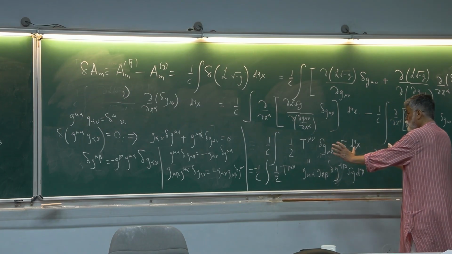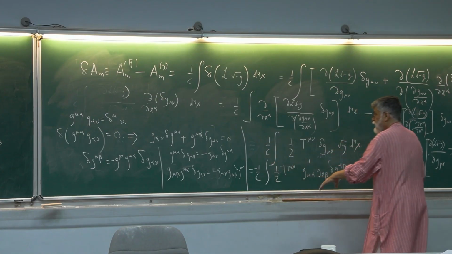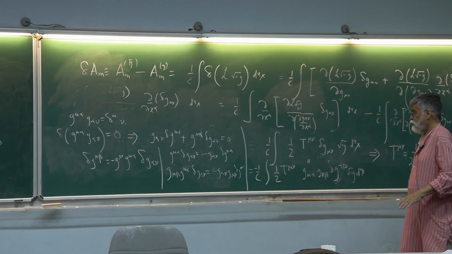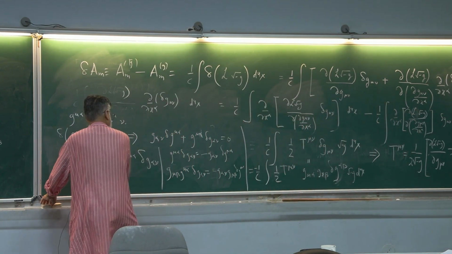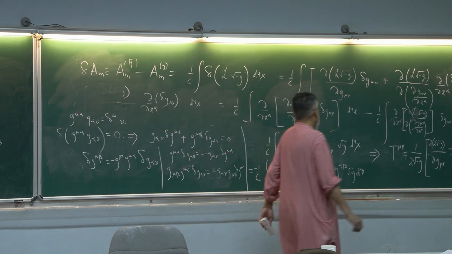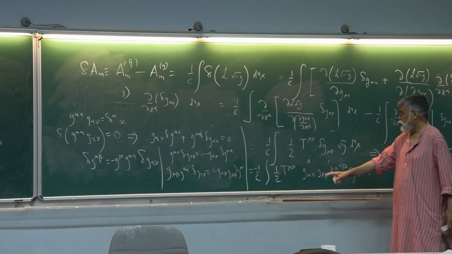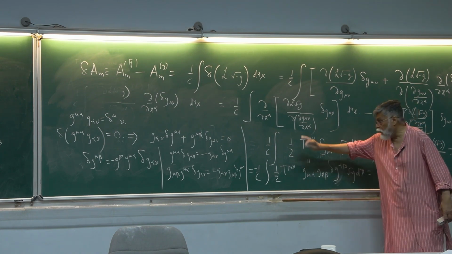I want you to record this, because when I do the Einstein equation, whatever I have written here will be reproduced. Okay? So therefore this is equal to, now note, what is T mu nu g mu alpha g nu beta? It's lowering of the indices.